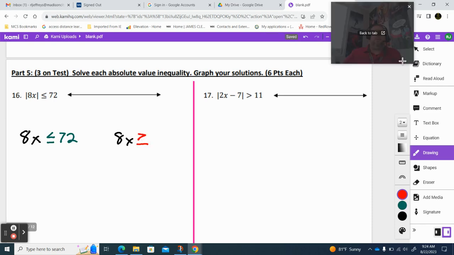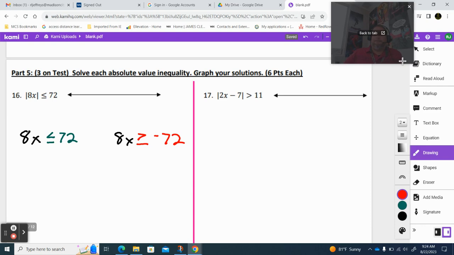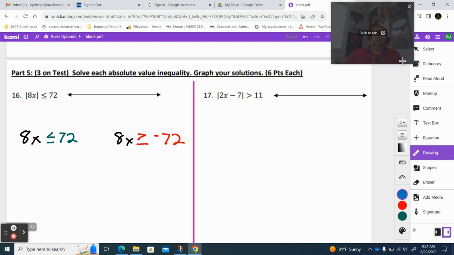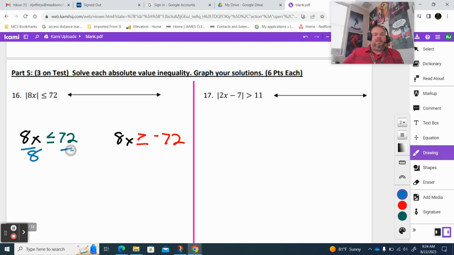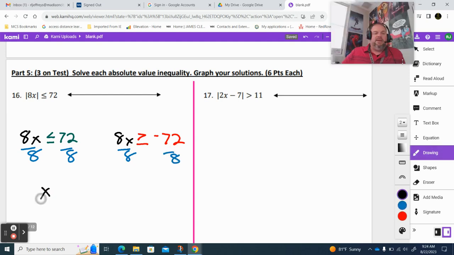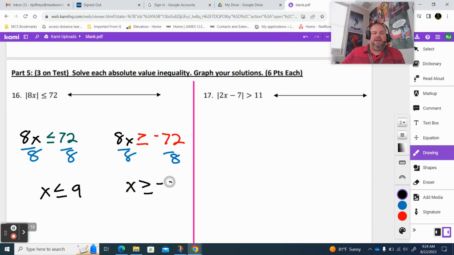And remember, when we multiply this by -1, we have to flip the sign. All right. So we end up getting x is less than or equal to 9 and x is greater than or equal to -9.